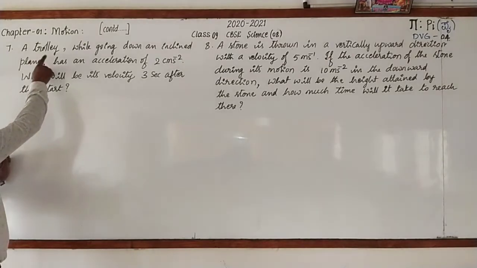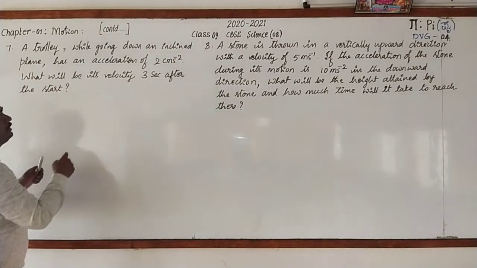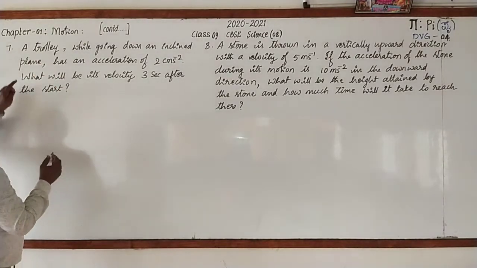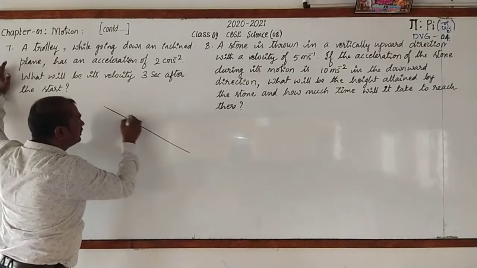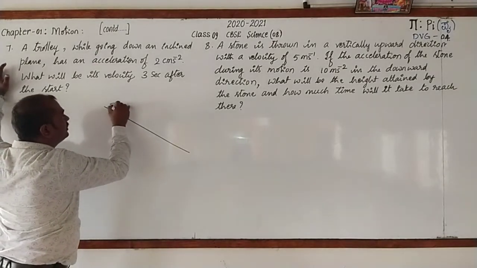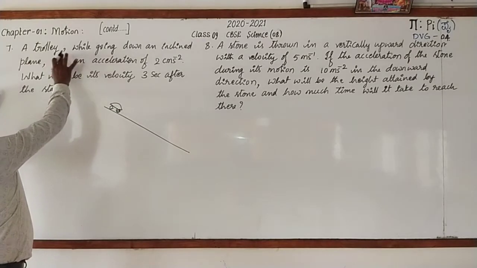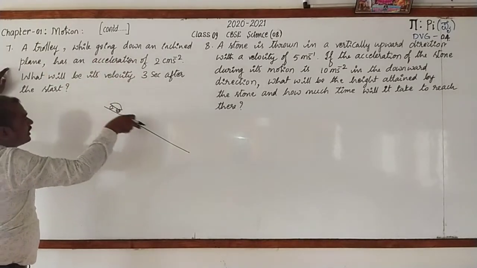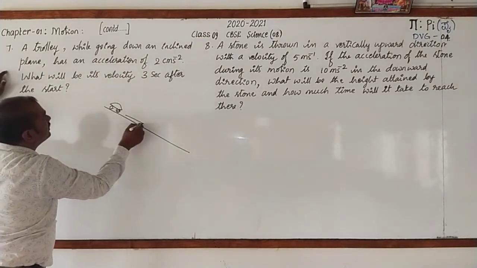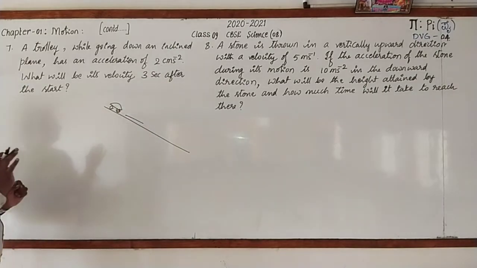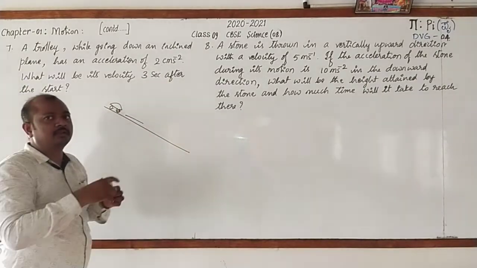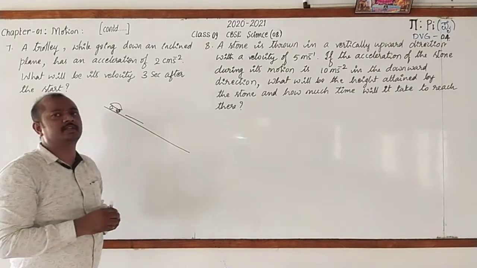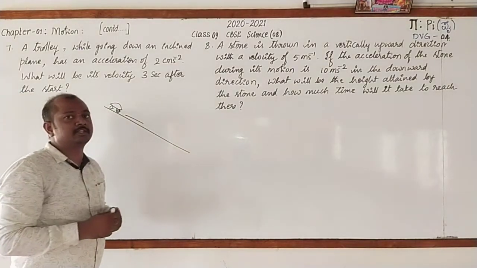Look here. A trolley while going down an inclined plane. This is the trolley. The trolley while going down an inclined plane has an acceleration of 2 centimeter per second square. Here, whether the speed will go on increasing or decreasing? Every time it will go on increasing, right?